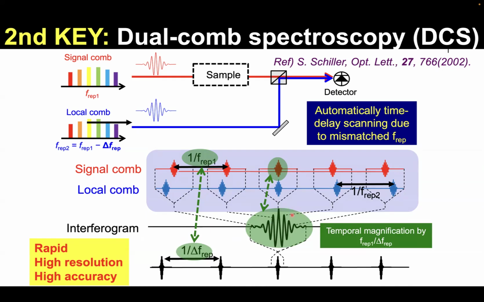In other words, the time scale of the signal comb is temporally magnified by this ratio. Since this temporal multiplication factor reaches 10 to the power 5, the resulting slowed-down signal can be directly acquired by a usual oscilloscope without the need for mechanical time delay scanning.